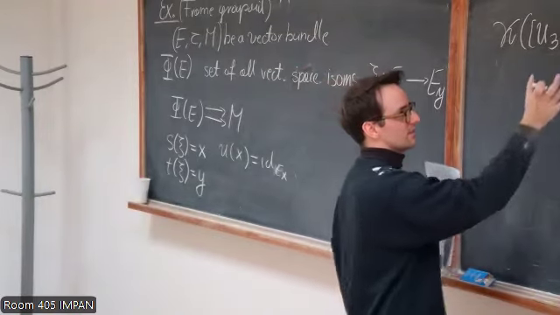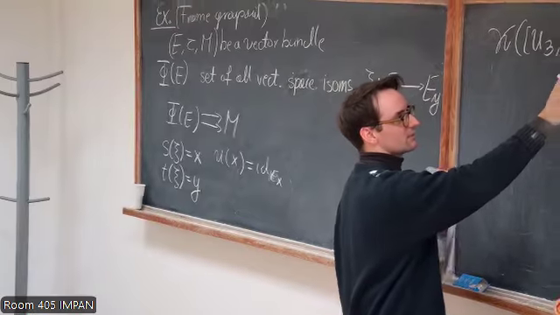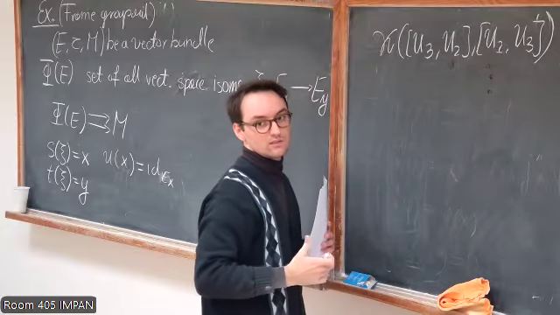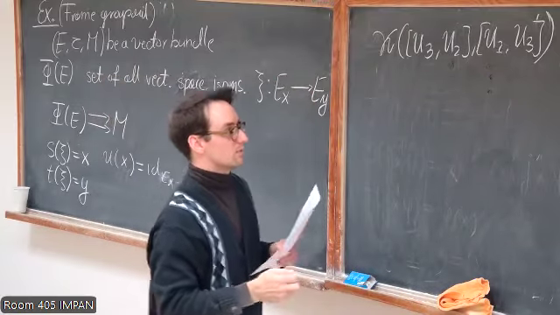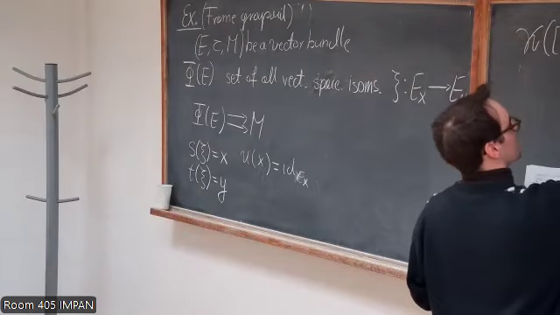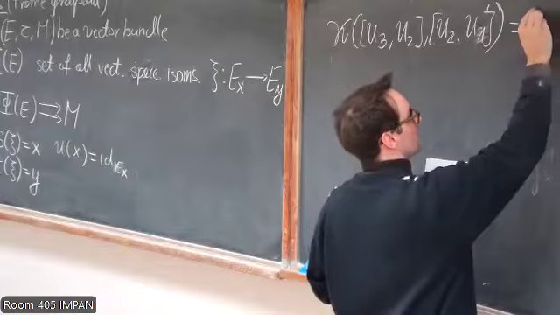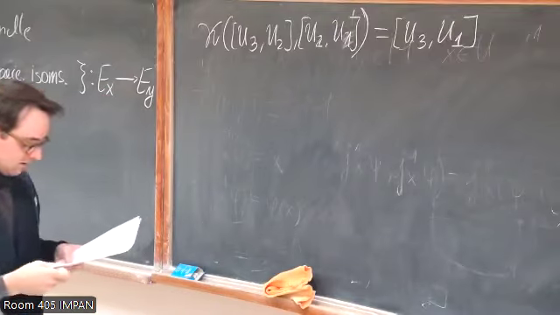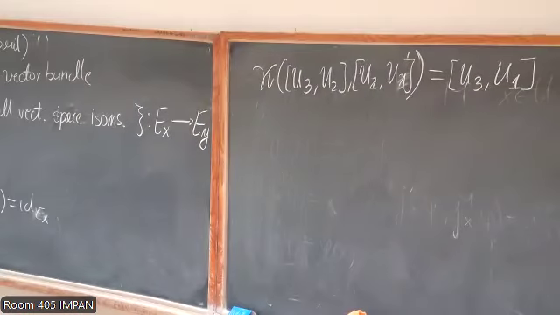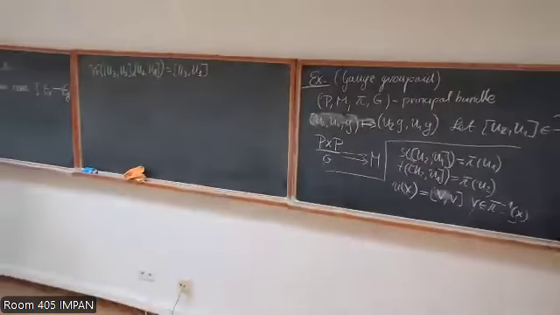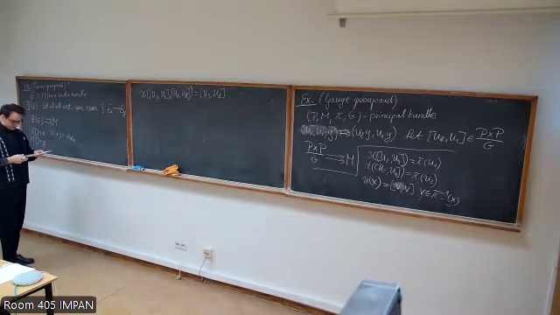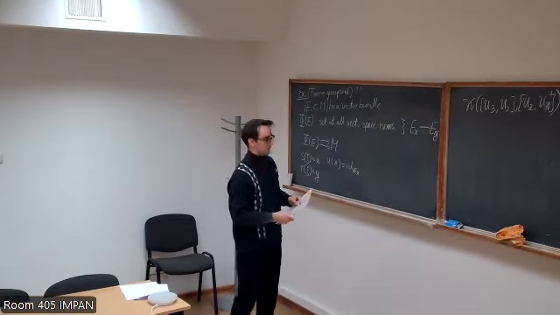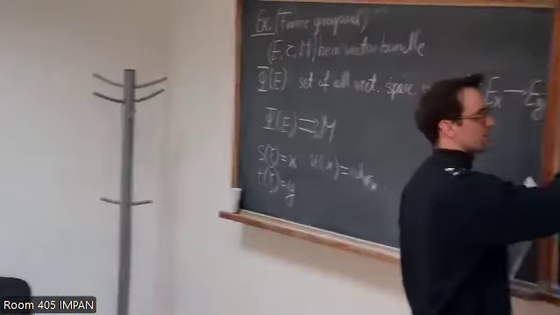But you can always find a representative in the orbit such that these are equal for composable arrows. Sorry, this is 1, this is 3. And this groupoid is called gauge groupoid. Okay. Similar example.